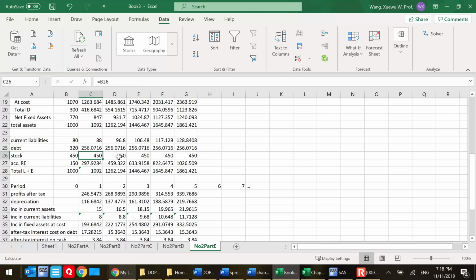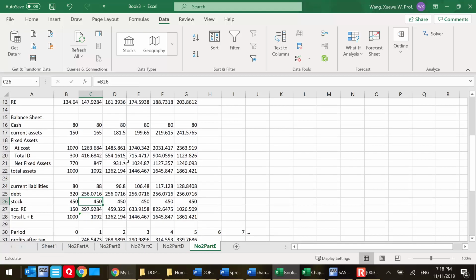All the numbers have changed, and that is good for the first year. I'm going to make the changes for all the other years in a second. But let's look at what else we need to do.